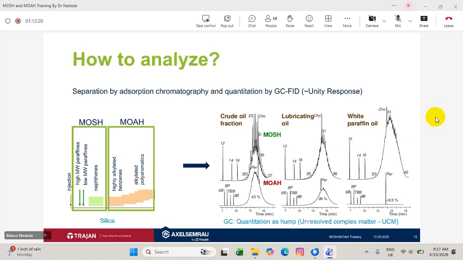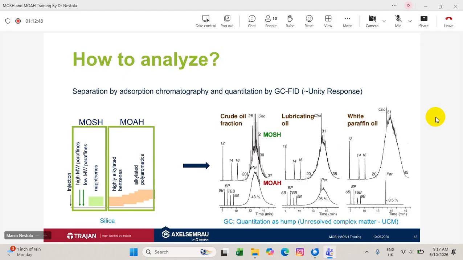When it comes to calibration of a detector, it's always important that you know what you are analyzing. So it's very hard to find detectors in the chromatographic world that just give you a unity response. There is not much there. In the GC world, it's basically the FID.